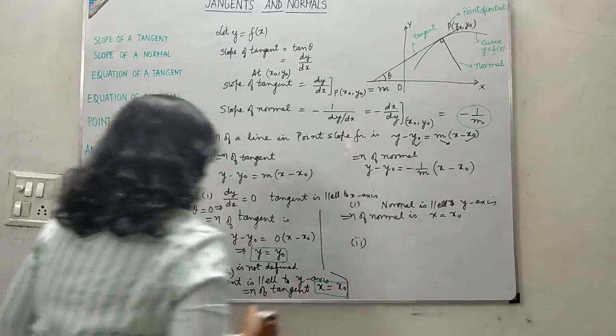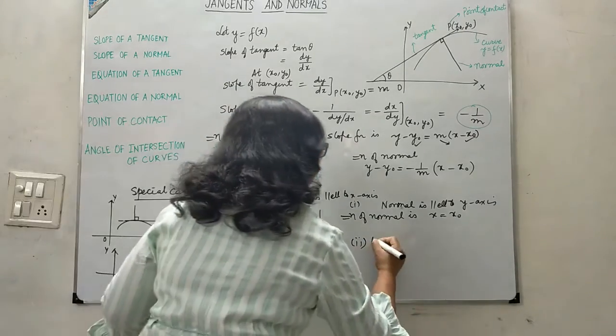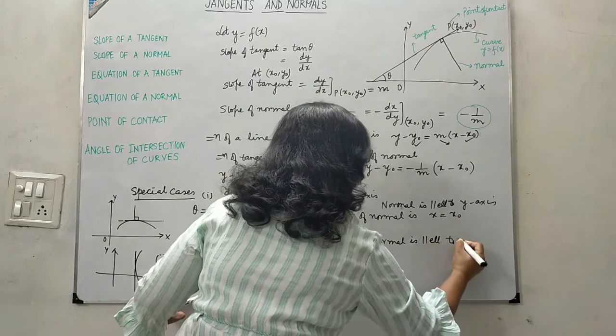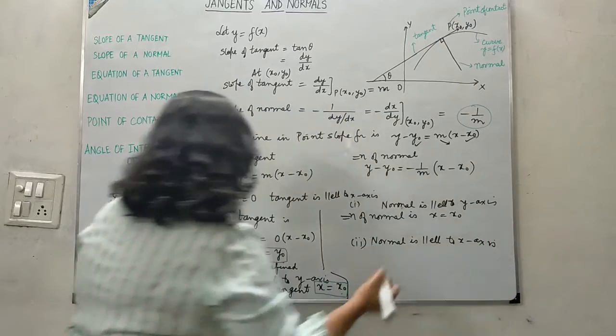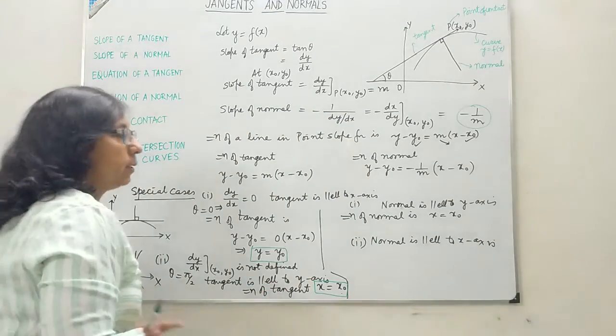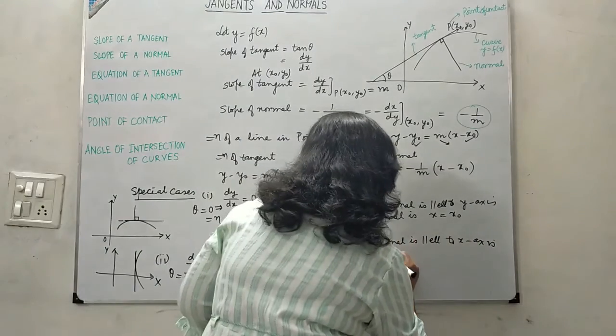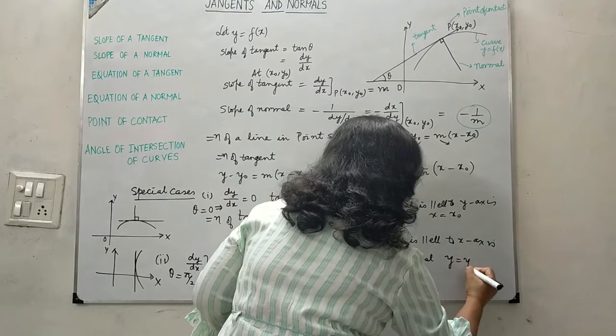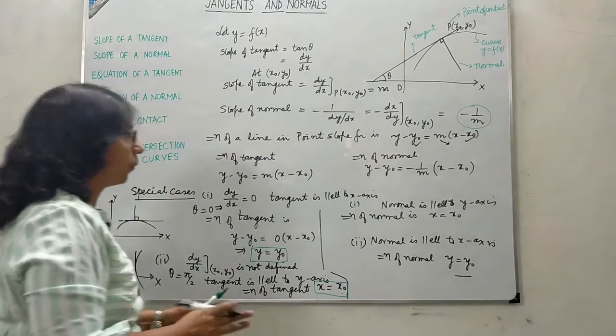And in the second case, when normal is parallel to x-axis, as tangent was parallel to y-axis, its equation will become y equal to y0, and vice versa.